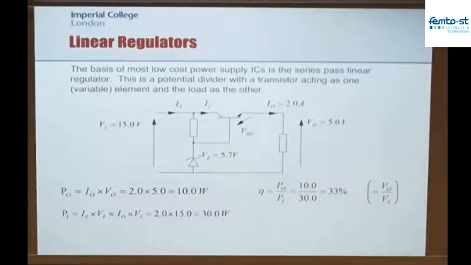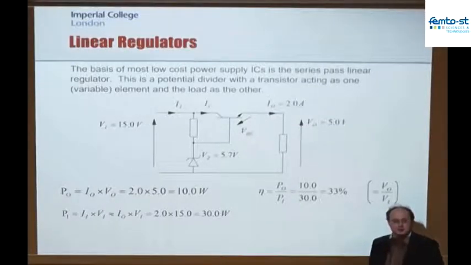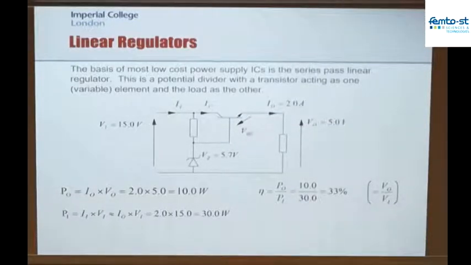So the question is, how can I do that? Because it seems intrinsic in the way that I'm operating this circuit that I've got to drop voltage somewhere to go from 15 to 5. And if I'm going to drop a voltage across a component and there's a current through that component, there's going to be energy loss. So I need to do something a little bit more intricate, a little bit more inventive than just this type of voltage conversion.